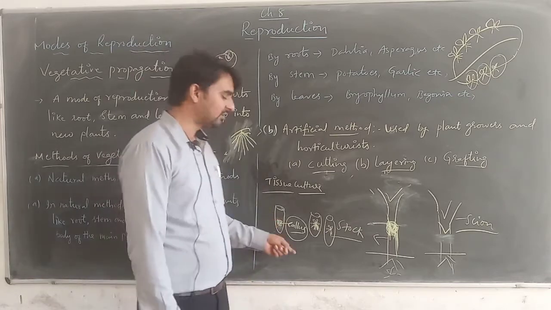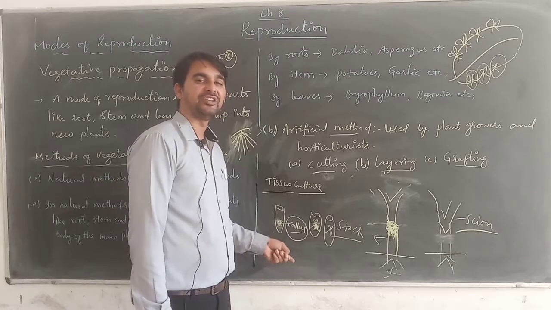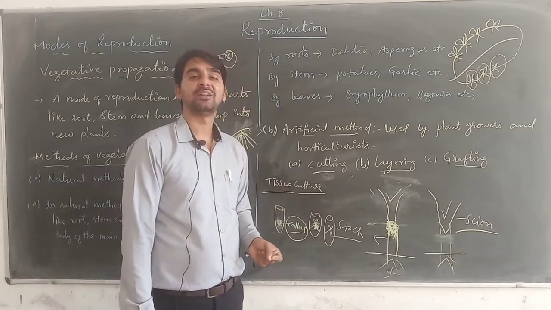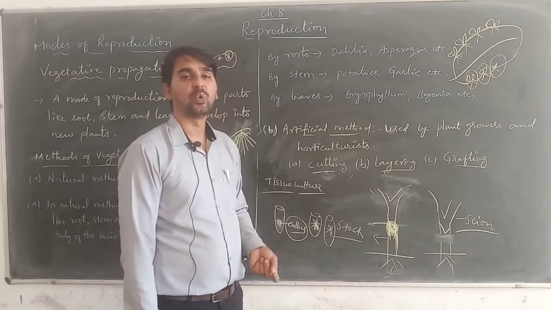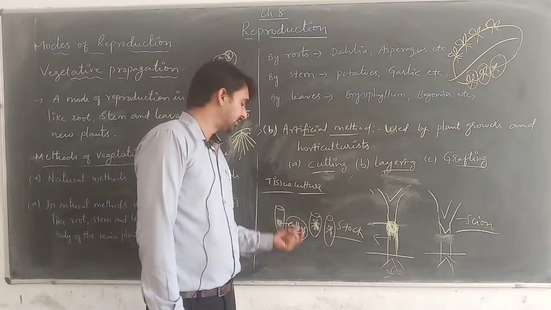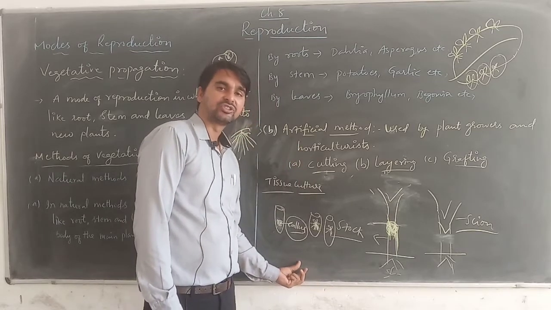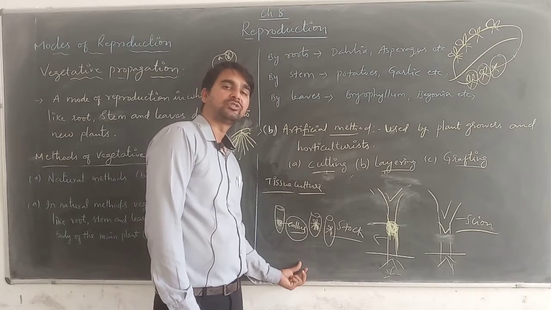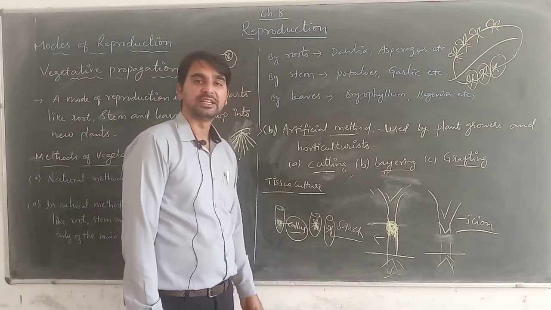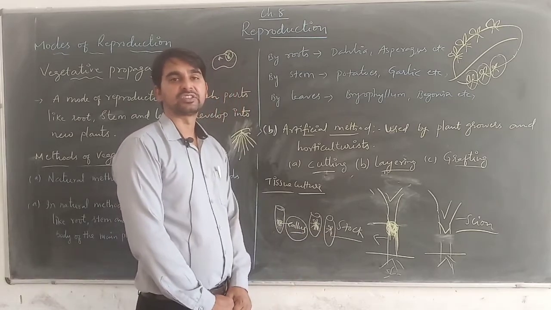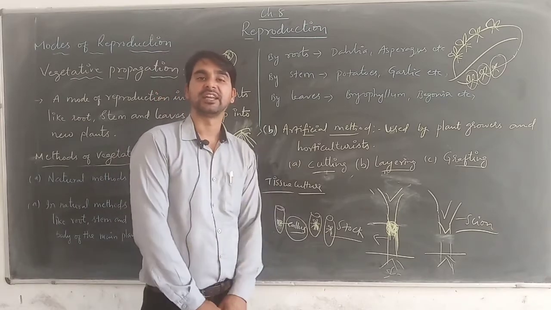So in this tissue culture technique, we can obtain the exact copy or the clone of the desired parental plants which we want in future generations, so that we can grow all of them together on a large piece of land, or they can be supplied to a number of people at the same time with similar characteristics.